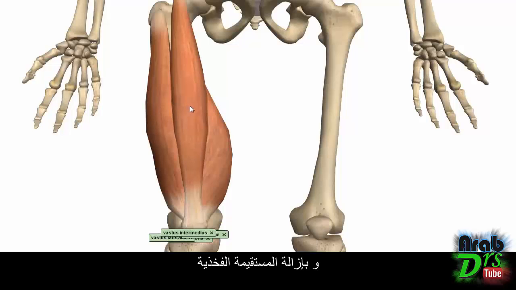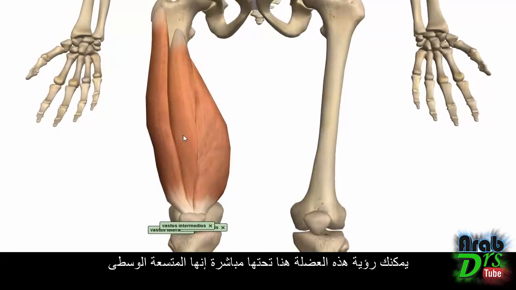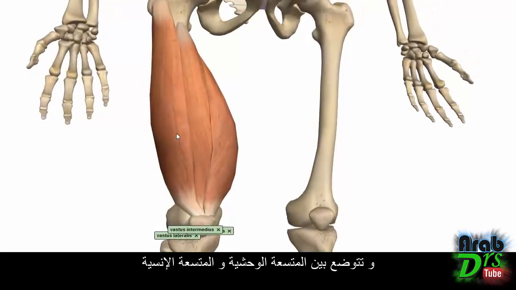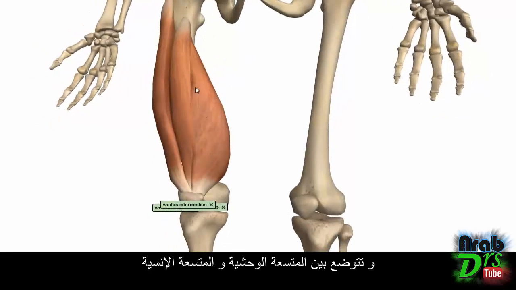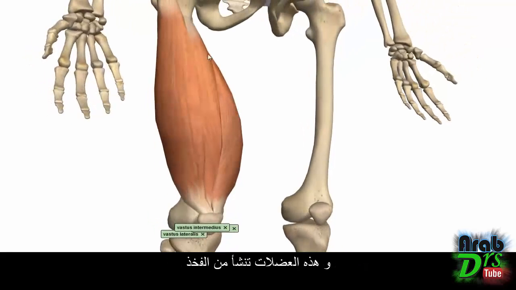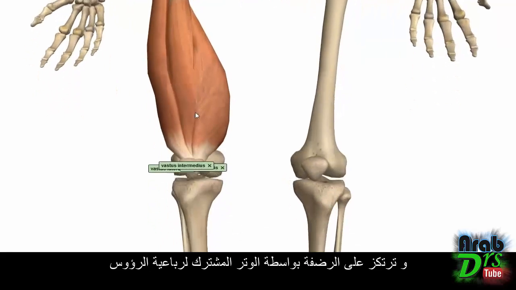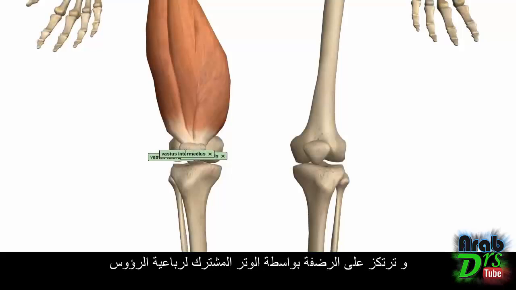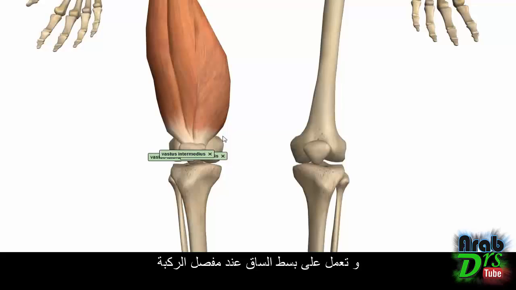Removing the rectus femoris and looking underneath, you can see this muscle here, the vastus intermedius. This lies between the vastus lateralis and the vastus medialis. These muscles have an origin on the femur, and they insert onto the patella via this common quadriceps tendon. They act to extend the leg at the knee joint. The quadriceps are innervated by the femoral nerve.